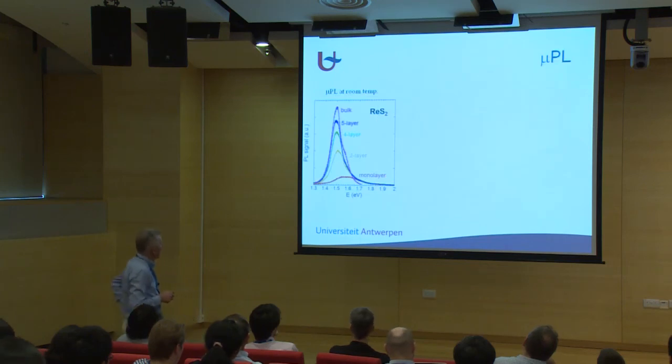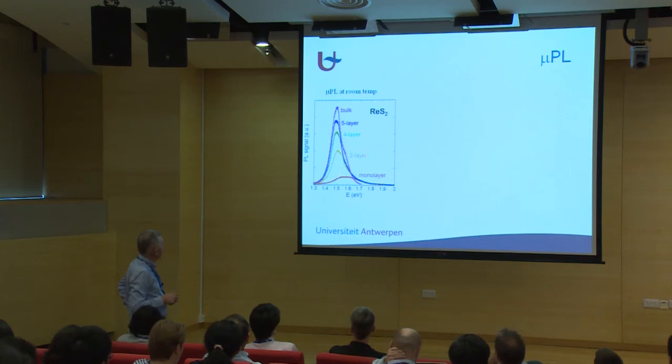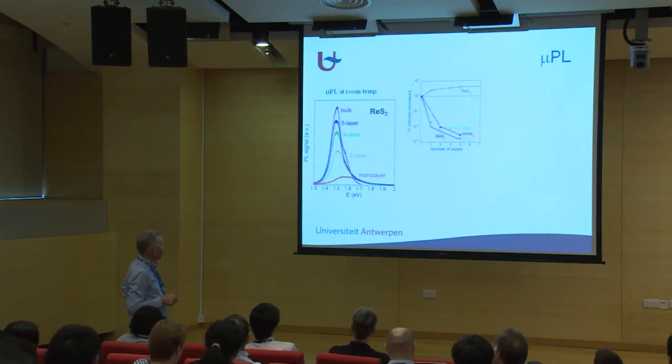Now, if you do PL, what you see is that the PL signal does not really move with the number of layers, except for the monolayer, where there's a small movement. If we look at the PL intensity, and this is the renormalized one with respect to the number of layers, for rhenium disulfide it's almost constant.